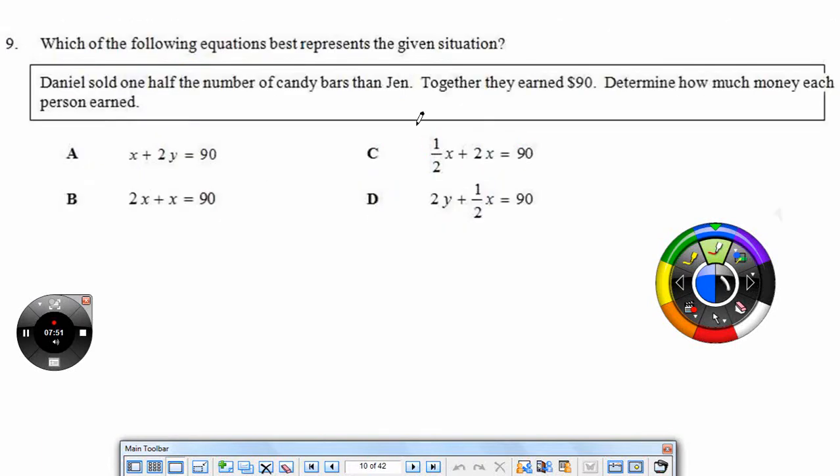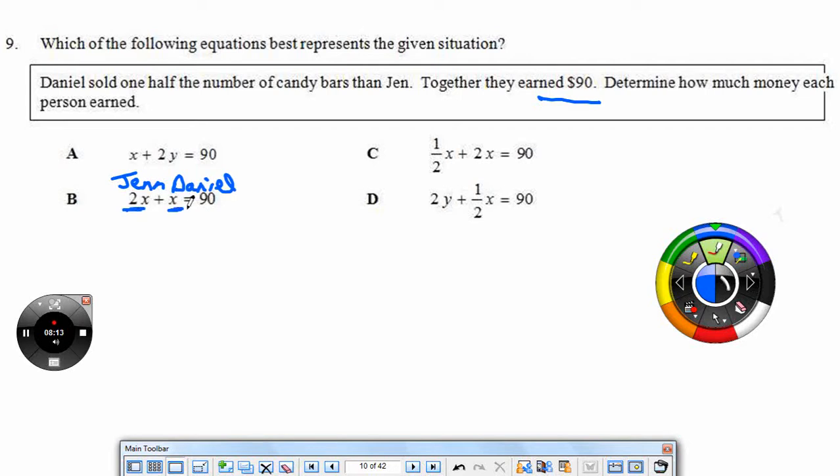Which of these would be a good equation if you wanted to solve this? Well, the way I would see it is that if you thought of this as Jen could be 2x, and then Daniel would be x, and this is half of this.